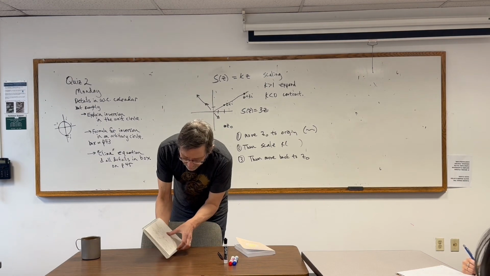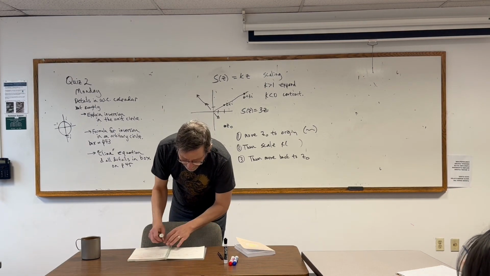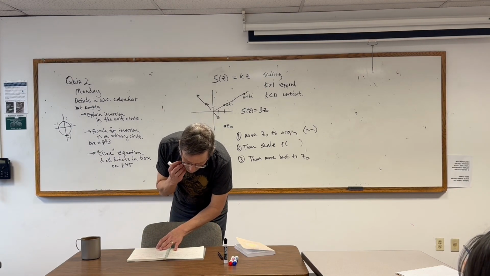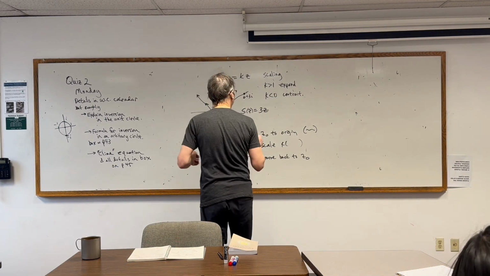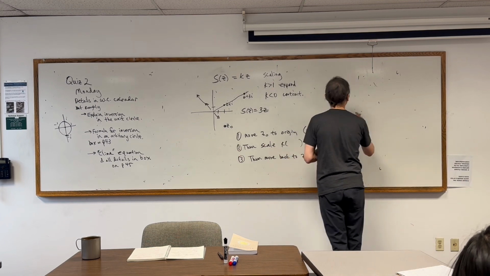So we need to finish up section 3.1, which is kind of what I want to do today. And I want to warm up first. Here's a little warm up.